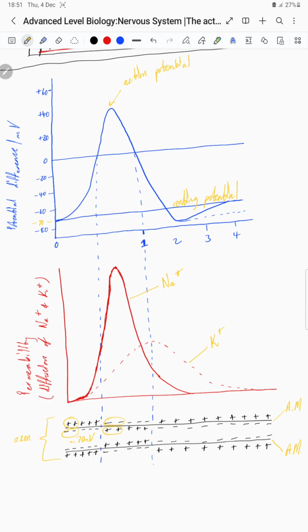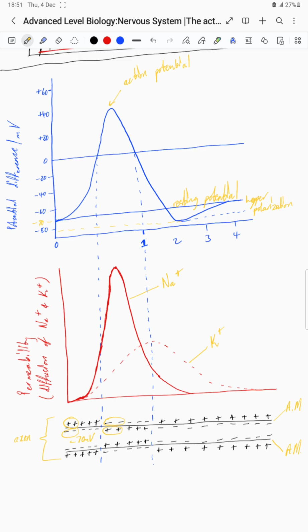And then this is the hyperpolarization, when we go to almost minus 80 millivolts.